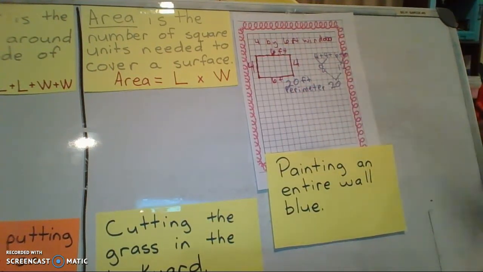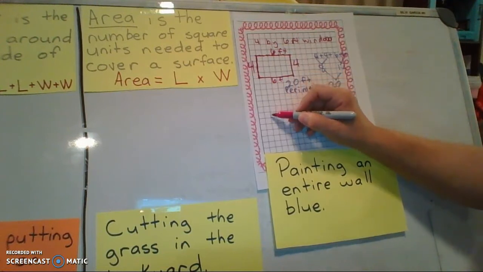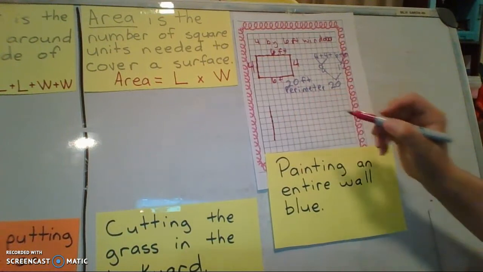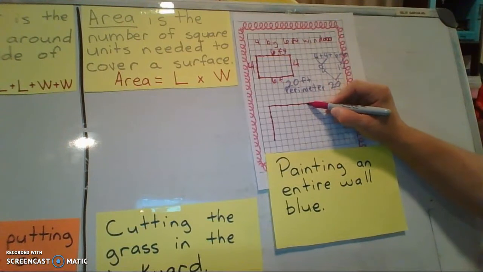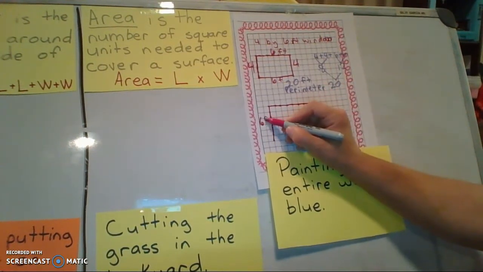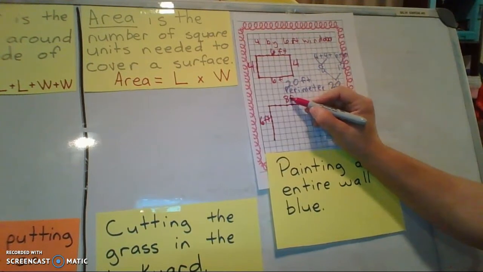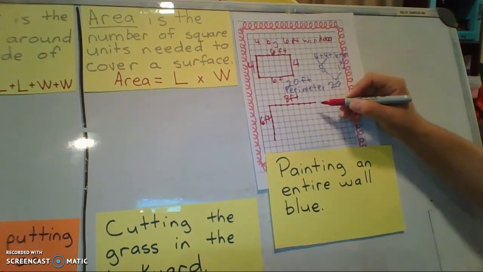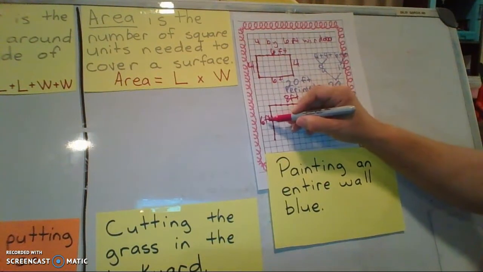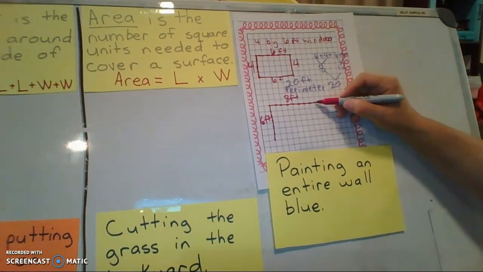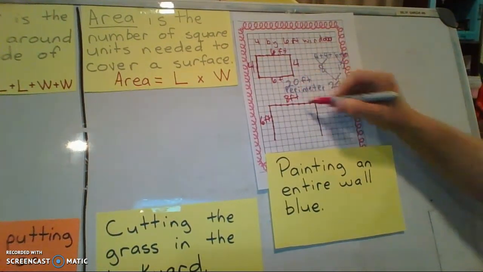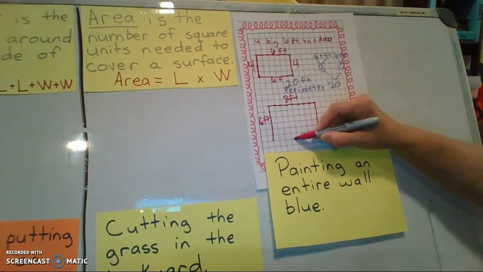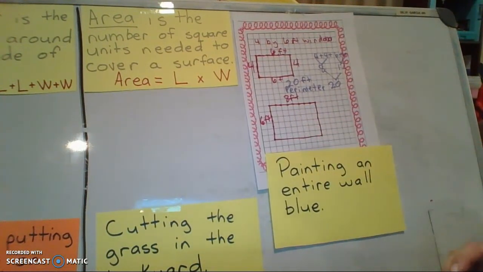So let's say that this one was going to be 6 feet. 1, 2, 3, 4, 5, 6, and then 8 feet across. 1, 2, 3, 4, 5, 6, 7, 8. So this right here is 6 feet. I have 8 feet right here. So the parallel line is going to be the same size as the line on the other side. So 1, 2, 3, 4, 5, 6. And my width here is 8 feet, and it's parallel to the other side. So it's also going to be 8 feet.